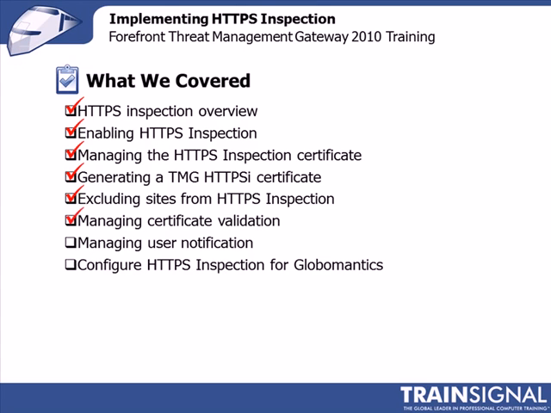We looked at some certificate validation options that you have with Threat Management Gateway, as well as what you can do to make sure users are notified that HTTPS inspection is taking place. Finally, we configured HTTPS inspection for Global Mantics and put everything that we talked about earlier into action and successfully browsed to www.facebook.com with an encrypted session that could still be monitored by Threat Management Gateway.